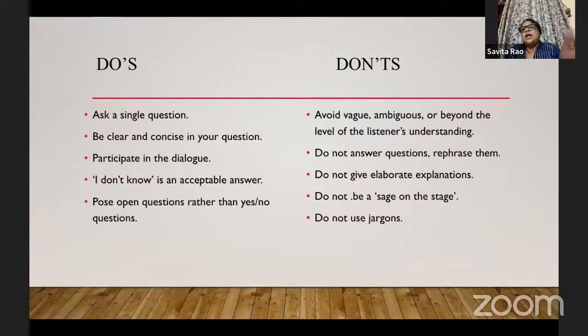It's very important that you are precise, clear, and concise in the way you frame your questions. The language that you use should be very easy to understand. And it is important for participants to participate in the dialogue. It's okay if they say, I don't know the answer to it, then another question could come up, which will lend a little clarity and evoke a certain kind of response.